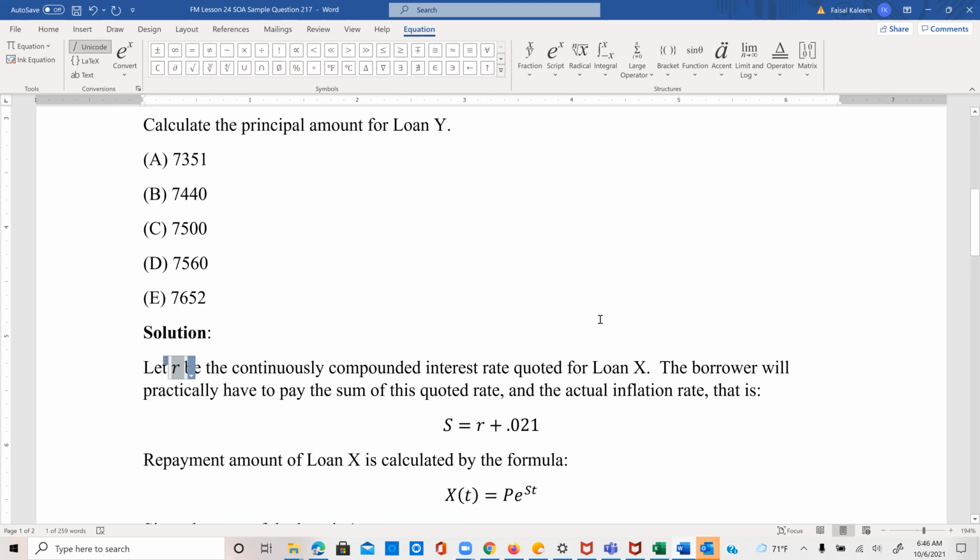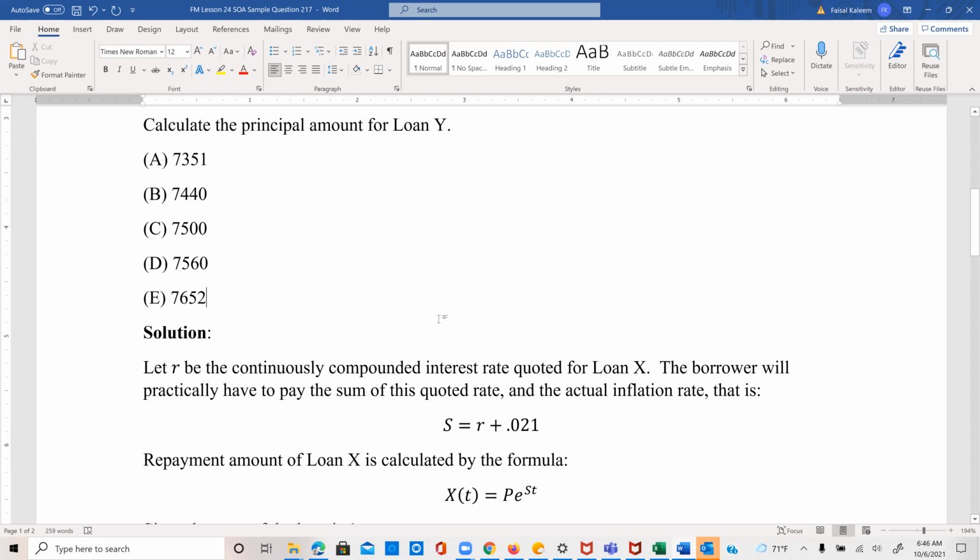Then effectively, because of the inflation, this inflation is on top of this rate. So practically they will encounter not just this rate, but this rate plus the inflation rate, because that's how much the money will change its value as you go forward in time.